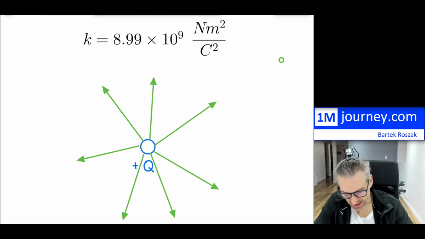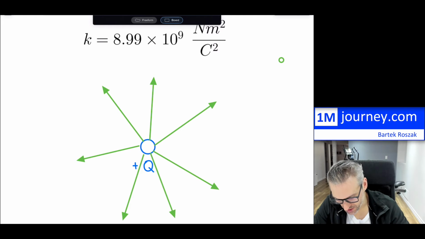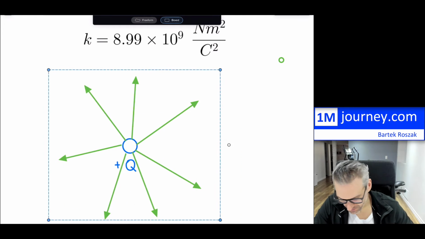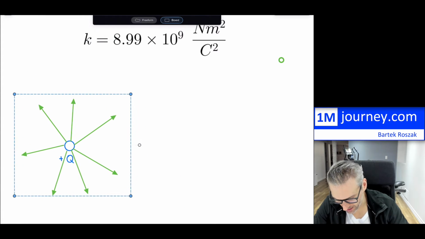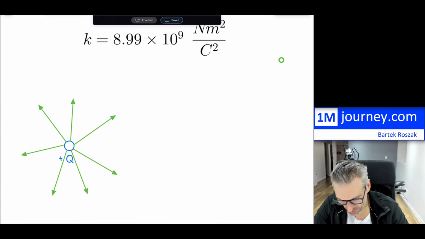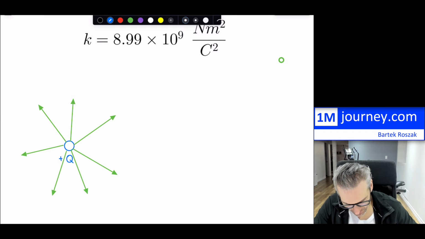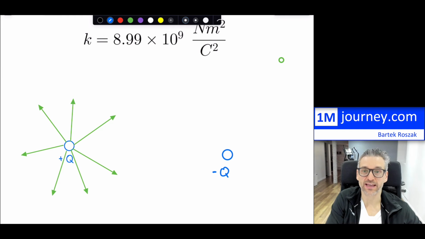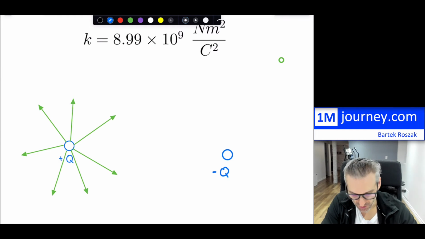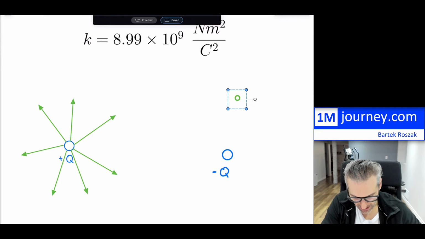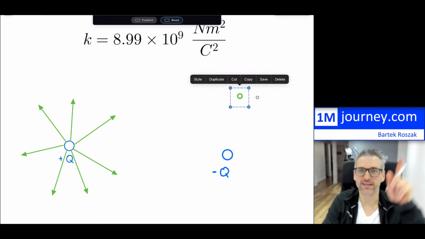Now I'm going to shift this away right here, and shrink it a little bit. So now if you took the same, imagine that you had a charge as well, but you made this charge negative. Then, if you started to bring in this test charge anywhere near here, no longer would it be pushed radially outwards.